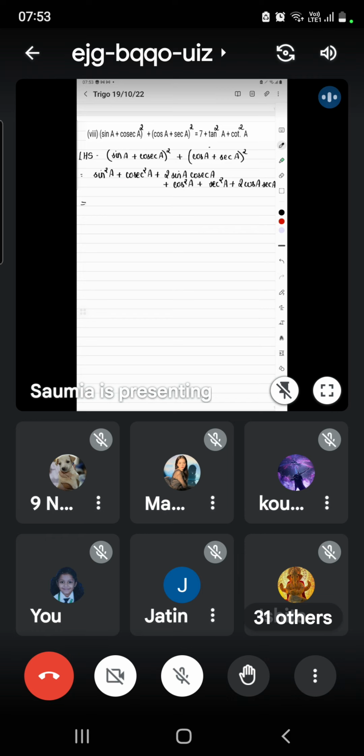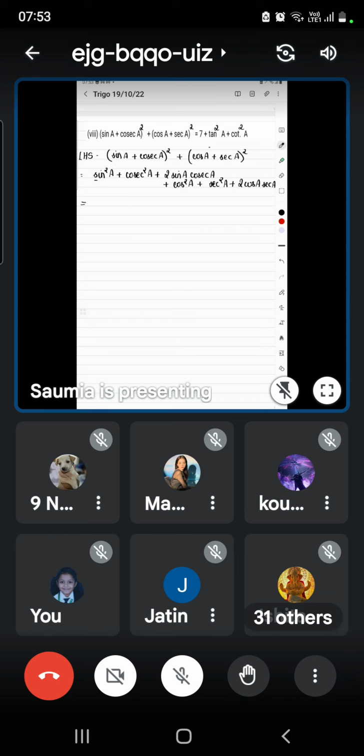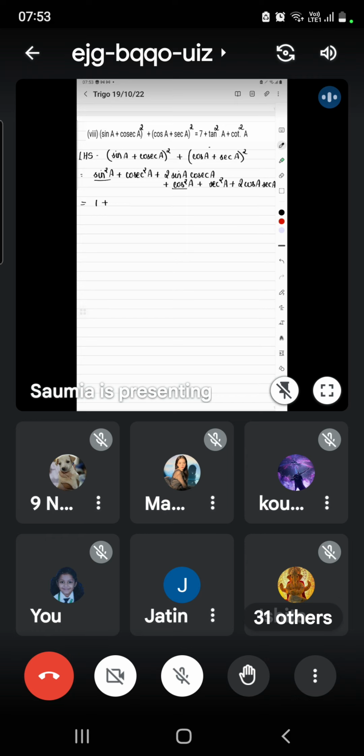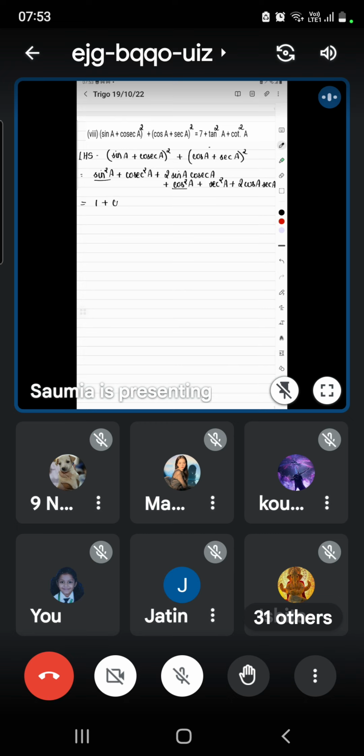Now what to do? Sin square A plus cos square A is 1. Yes, you can use the identity sin square A plus cos square A as 1. Then, Ma'am, sin A cosec A will be 1 and cos A sec A will be 1. Yes, let's write the remaining cosec square A.